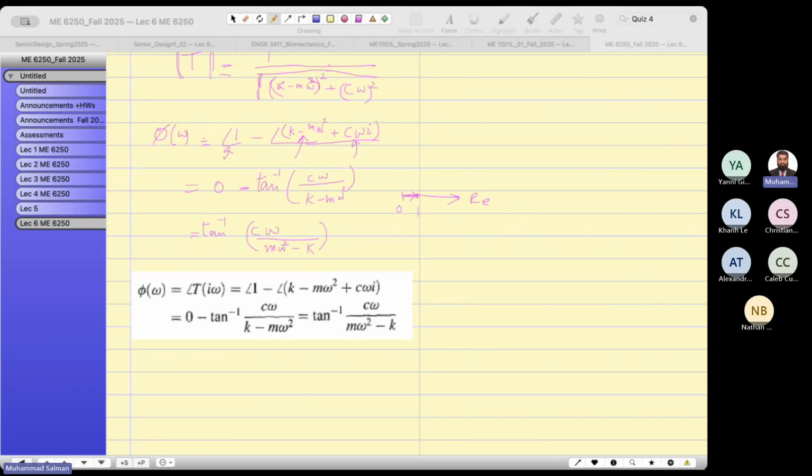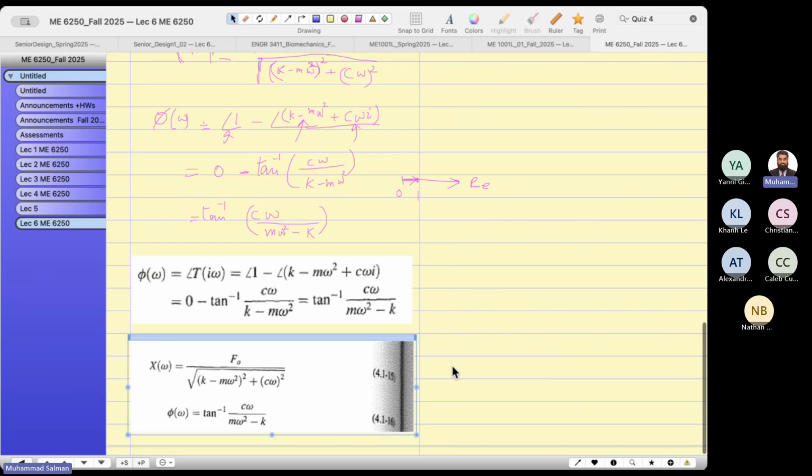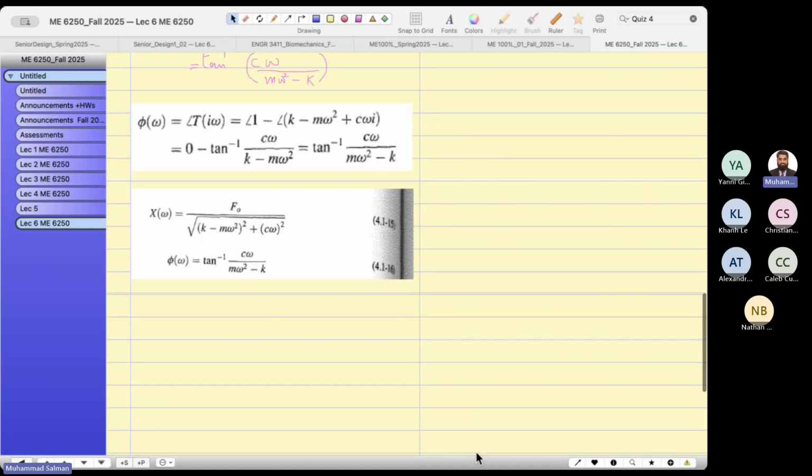Consider this equation. This is a mass spring damper system. This is the output response of a mass, the steady state response. This is from our previous lecture, I explained about it.